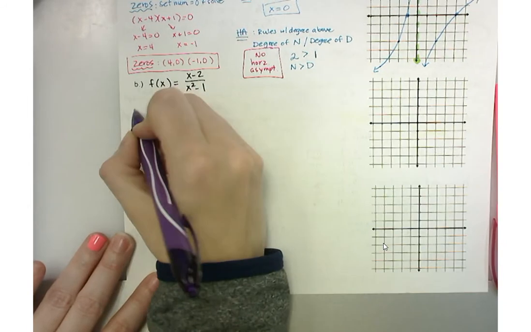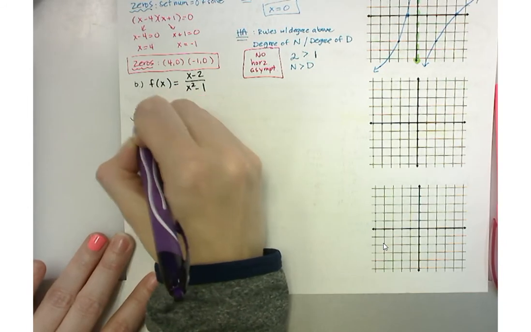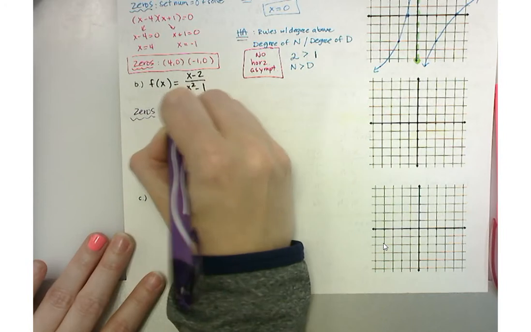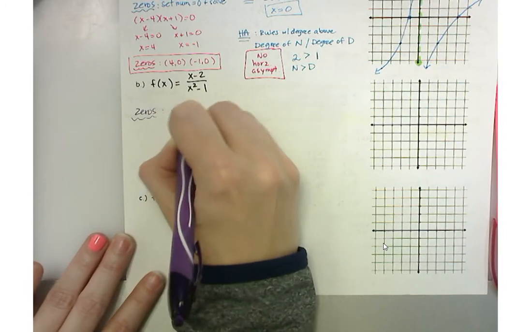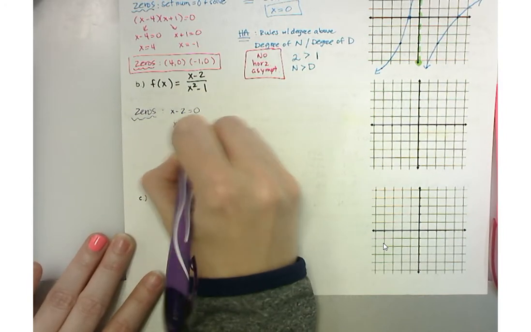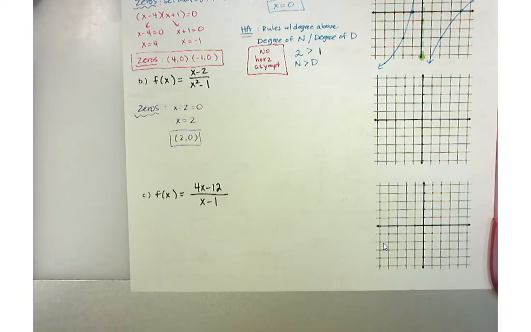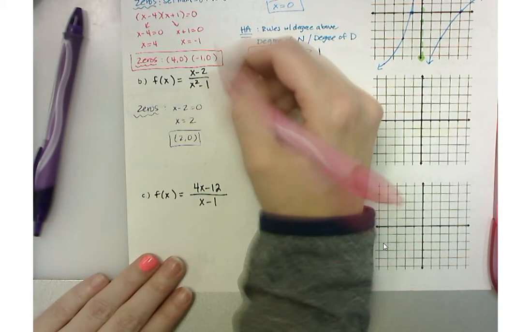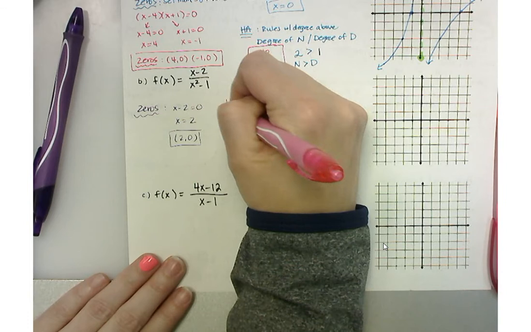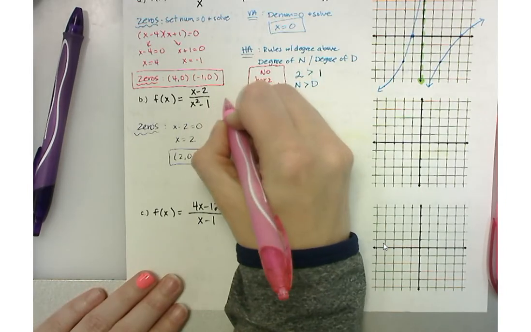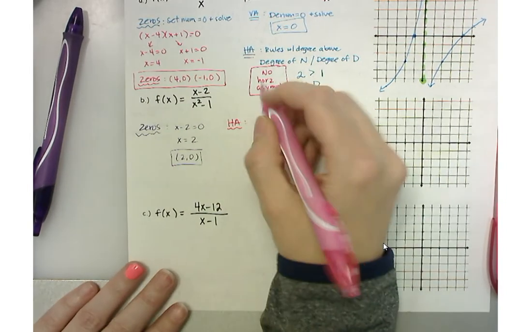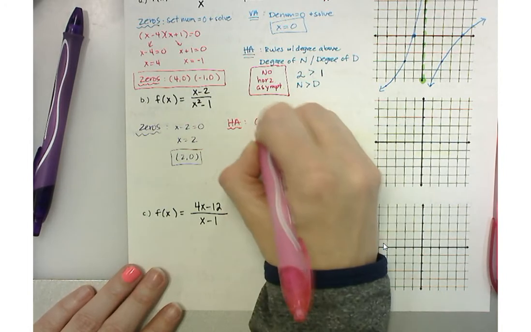Okay, so then for the horizontal, you're gonna compare the degrees. Okay, so in this case, the degree of the numerator is less than the degree of the denominator, which means your asymptote is going to be what? Yep. So now I'm going to put what I know on there.